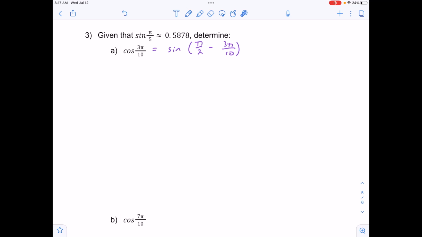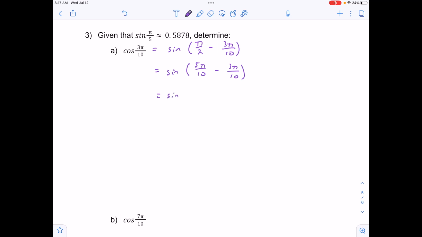If I think of my Q1 here, up here is pi over 2, and 3 pi over 10 is definitely less than that, so it's up in here. Sine of pi by 2 minus 3 pi by 10, can we simplify that? Pi over 2 is 5 pi over 10, take away 3 pi over 10.